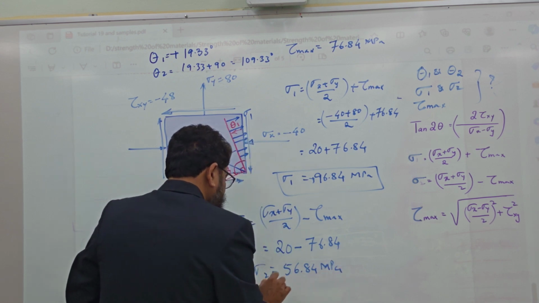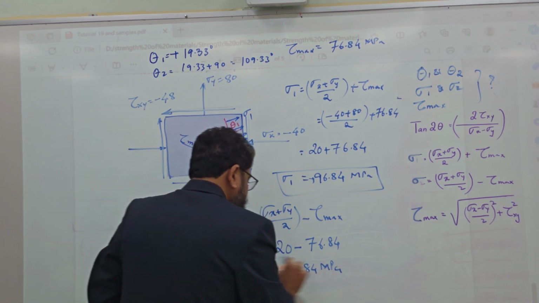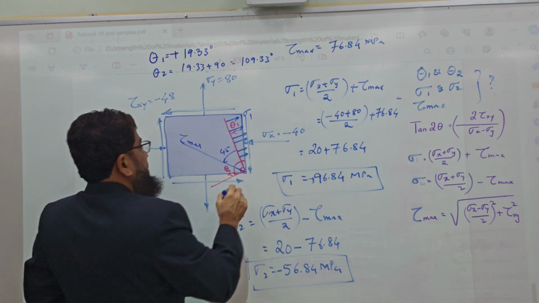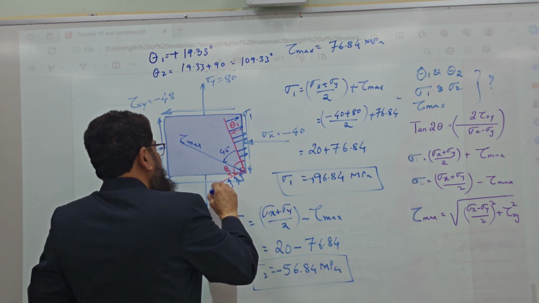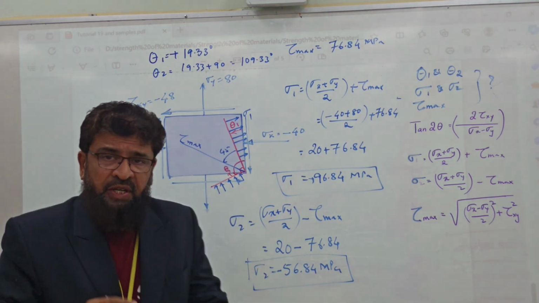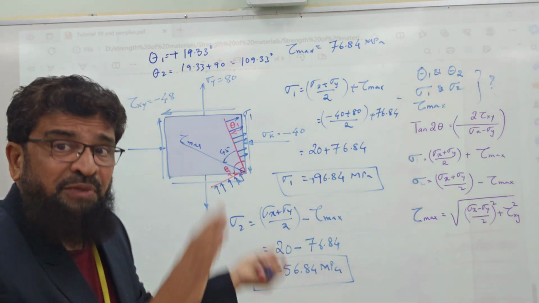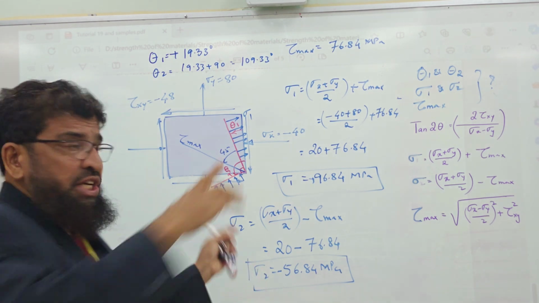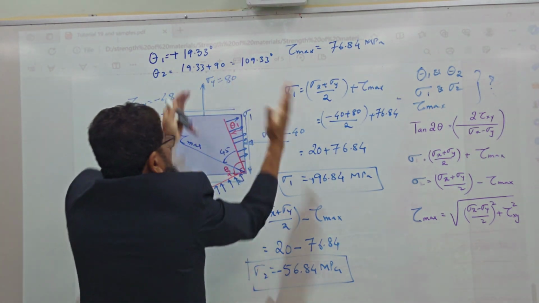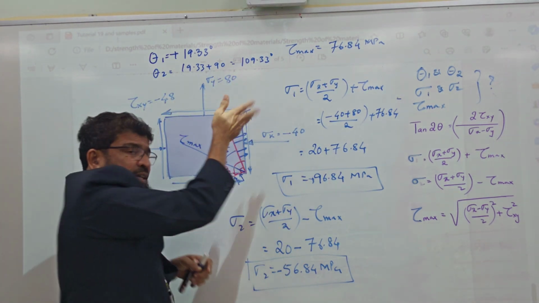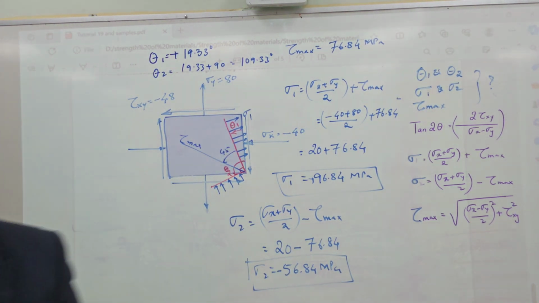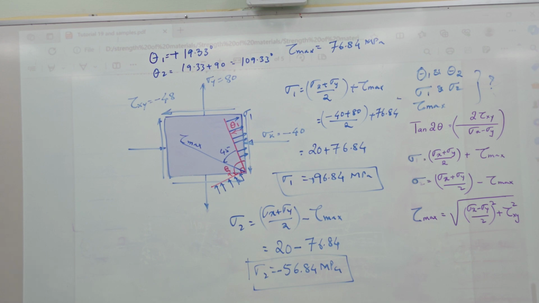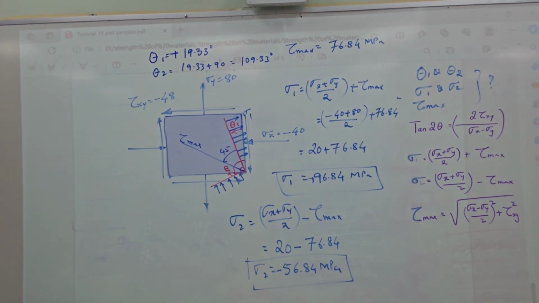This is sigma 2 with your minus sign. You see here, you have a compression. The only difference between this problem and the previous problem is that the values remained the same, only tau xy changed. So instead of here, it just tilted this side. See the direction in which the stresses have come. That's it. This is about 3 different cases in compound stresses.